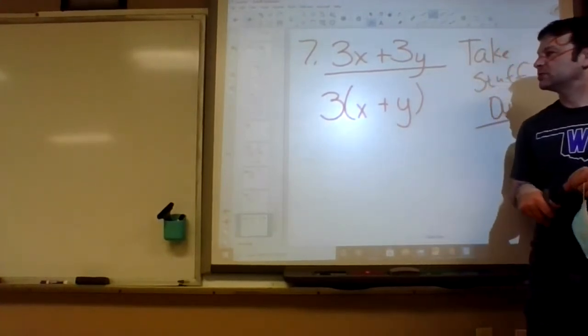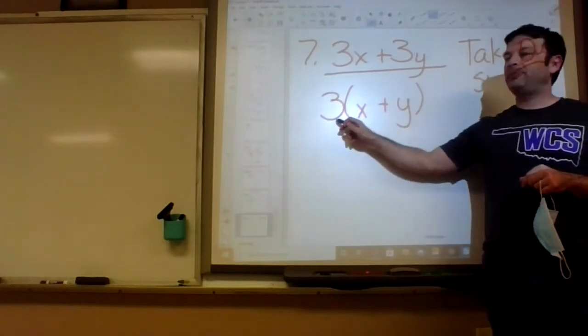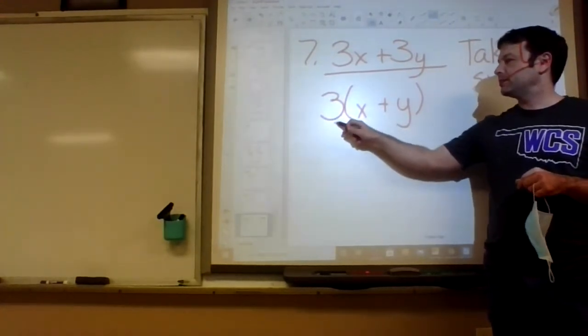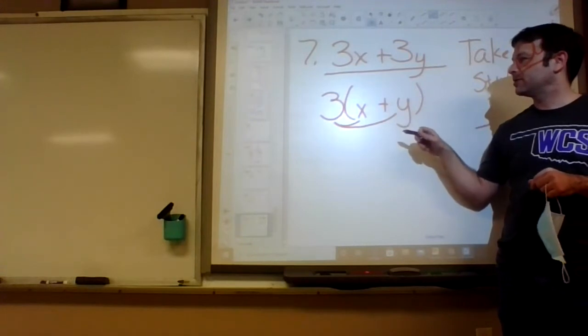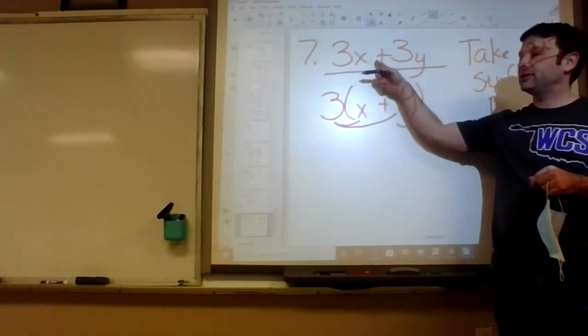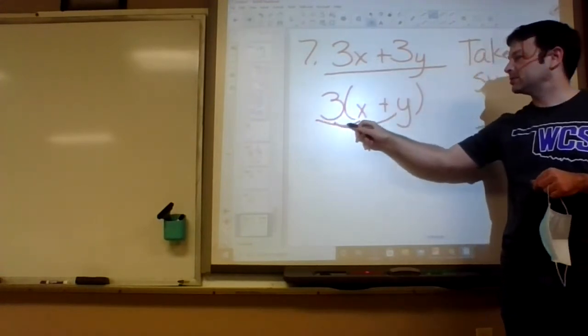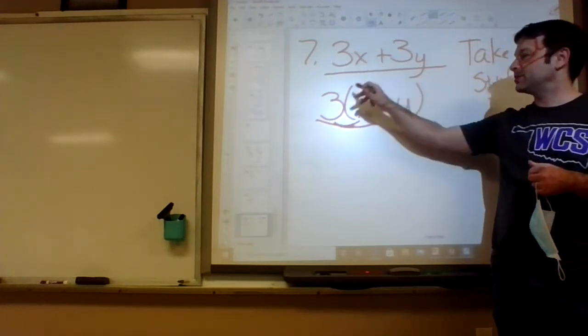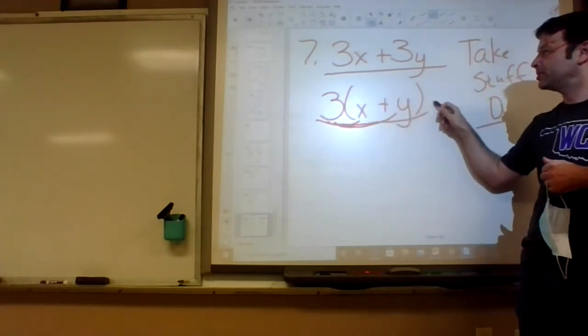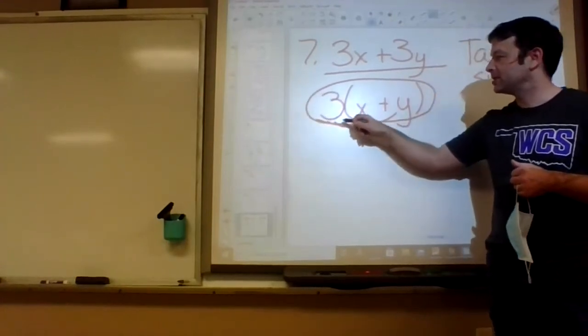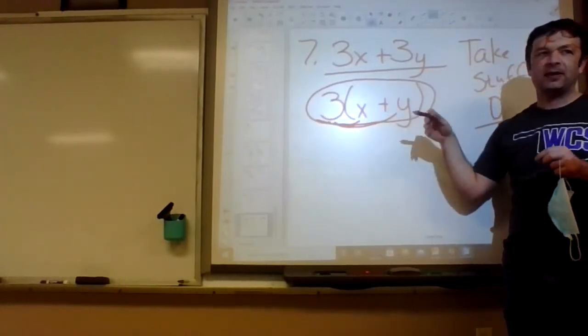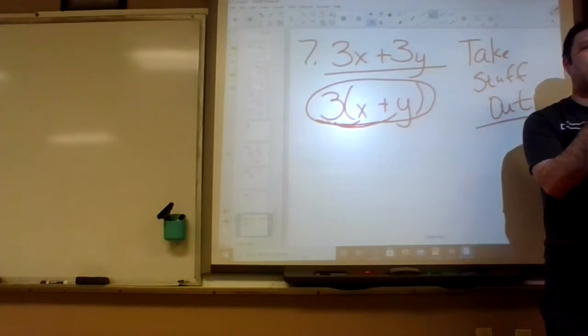Would the answer be 3xy? Okay, what would happen if I distributed that out? 3x plus 3y. Go back to that, right? So we're not doing that though, because otherwise we'd just be writing the answer as the question. So this is the answer. 3 times x plus y, those are factors.